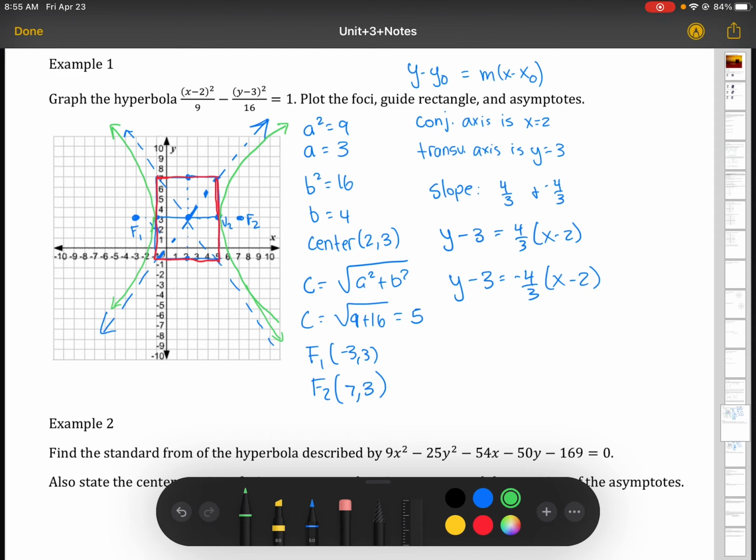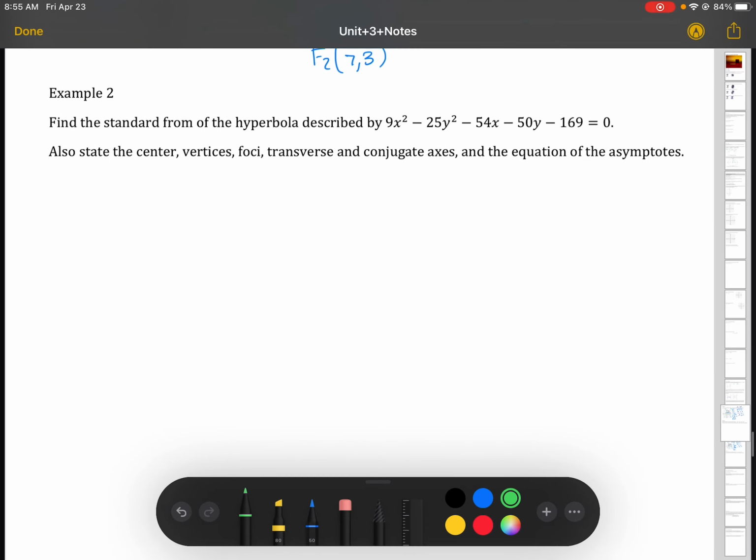It's exactly the same thing if we have a vertical hyperbola, except everything is going to open up and down instead. So for number 2, we need to find the equation described by the hyperbola. In this case, we're going to have to complete the square. So let's group all of our terms first.